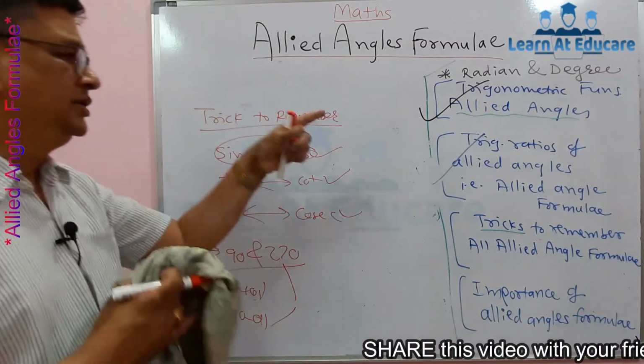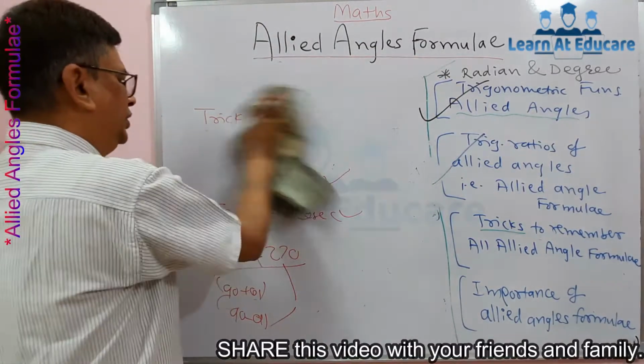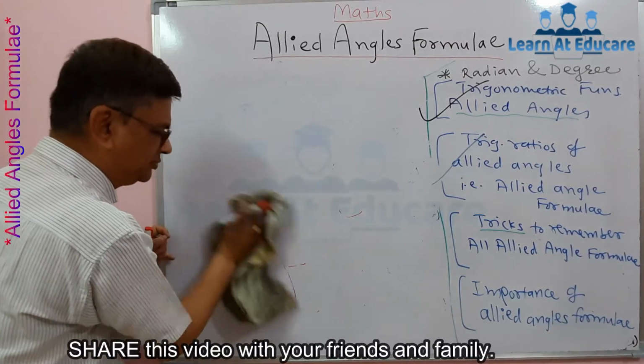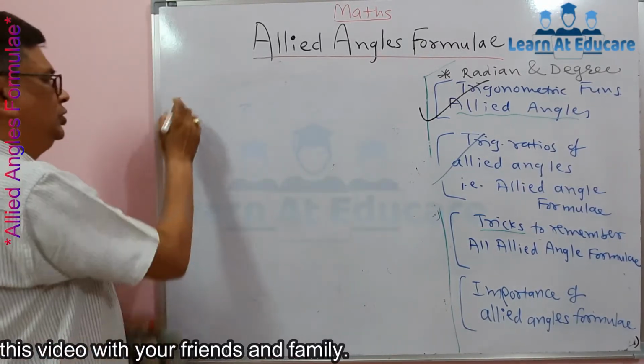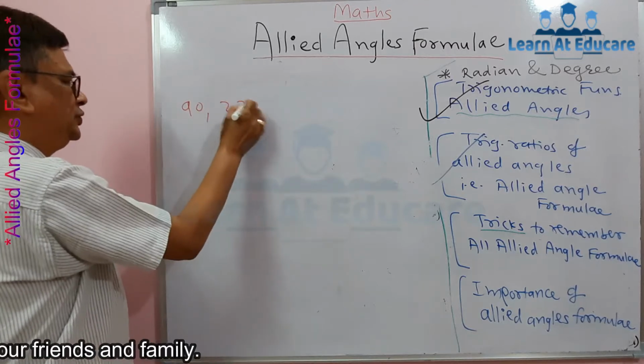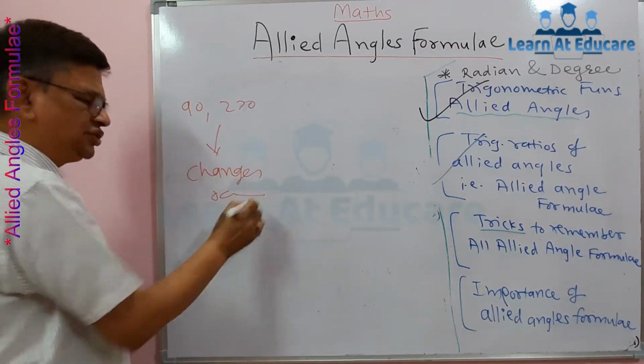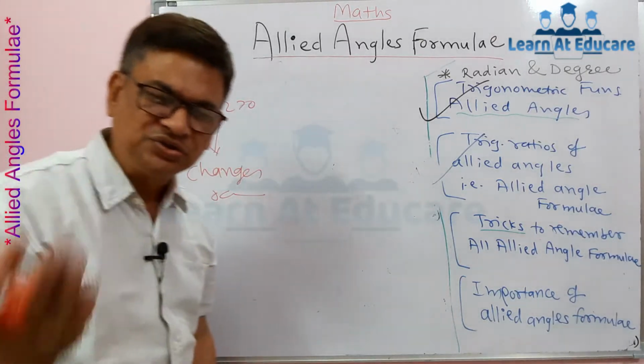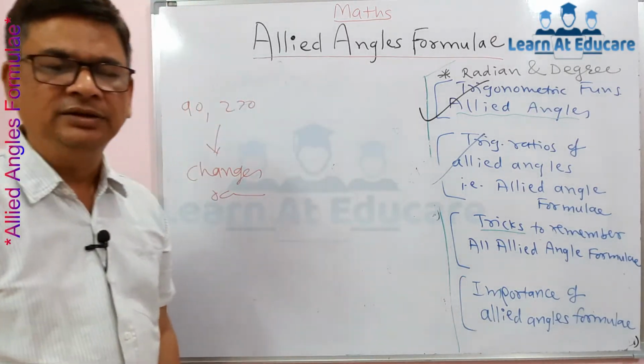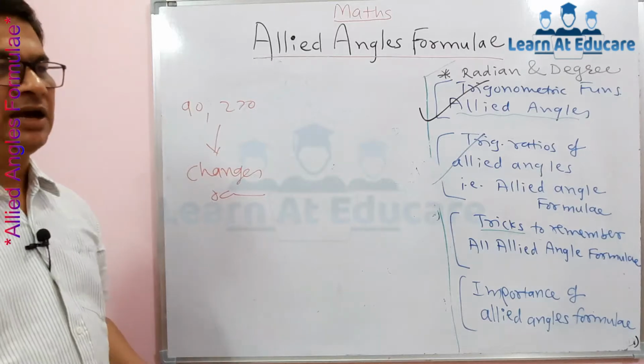Can you see in the chart given to you? There is no change in the remaining columns. So you come to know only for 90 and 270 the changes occur. And what changes occur? Sine to cos, cos to sine, tan to cot, cot to tan, sec to cosec, and vice versa, cosec to sec.